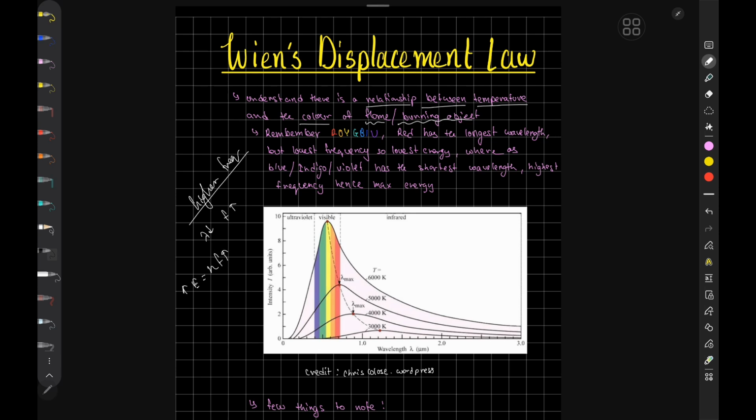Higher frequency means higher energy, and higher energy means inherently higher temperature. So the color, in essence, does indicate the temperature of the material, that is, how warm the flame is.